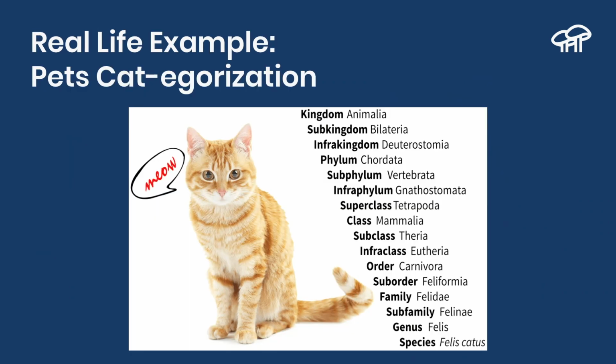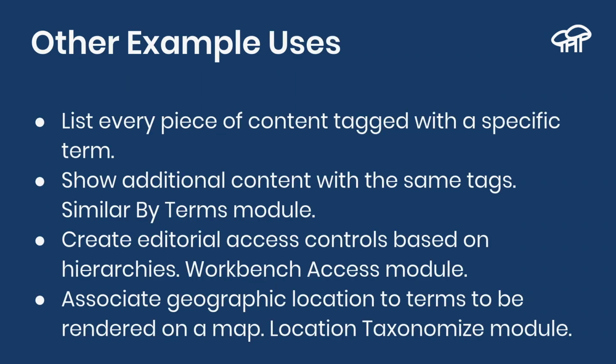As a real-life example, if you want to do pet categorization, you can use a taxonomy vocabulary for that. Also, you can tag your blog post with a taxonomy term. By doing that, Drupal will automatically create a page for every taxonomy term that presents all the nodes, all the articles that are tagged by that specific term.